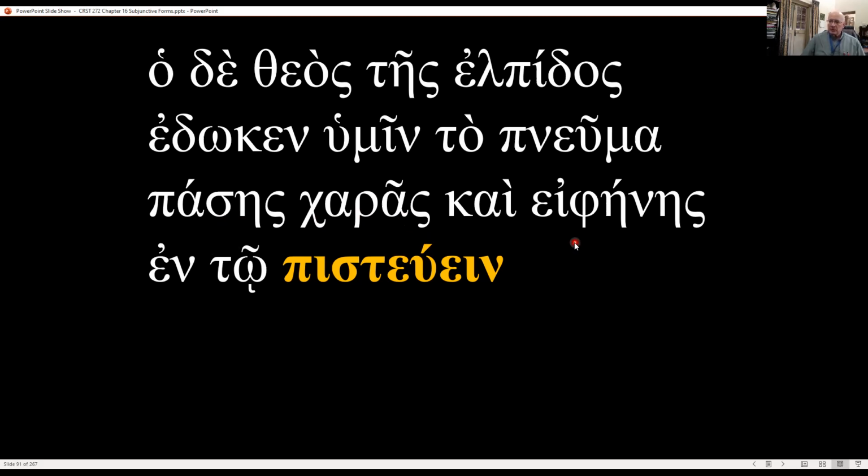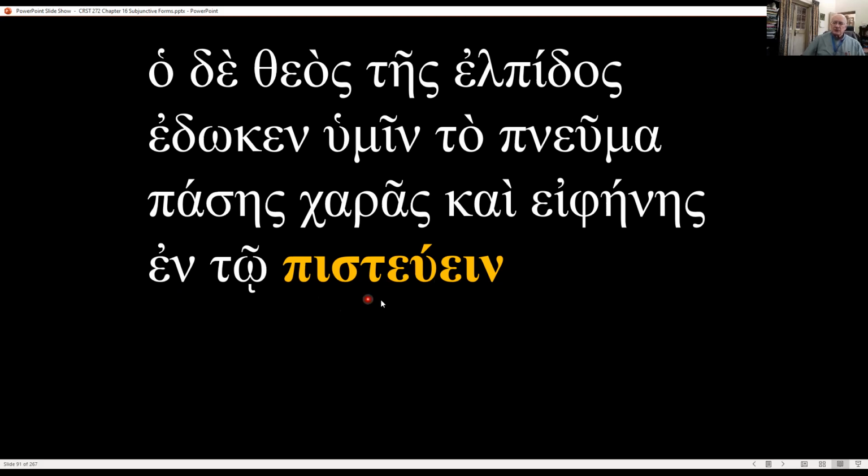All joy and peace in believing, not "in the to believe." This is an infinitive, but we can't translate it literally "in the to believe." We have to recognize, for one thing, this is a present infinitive, not an aorist. So the sense is probably progressive. So I will probably translate "in believing." The God of hope give to you a spirit of all joy and peace in believing.